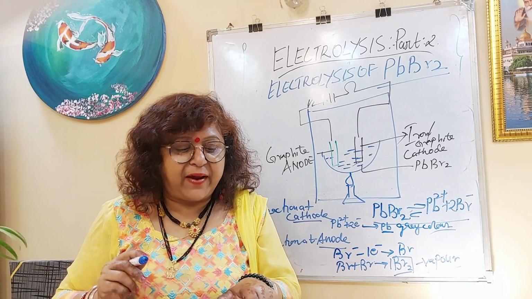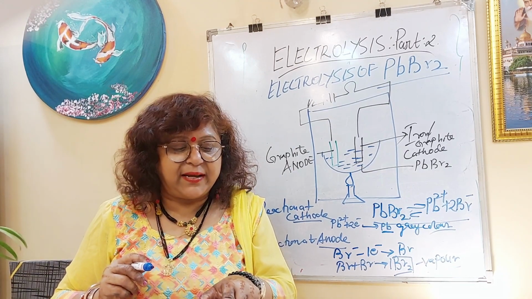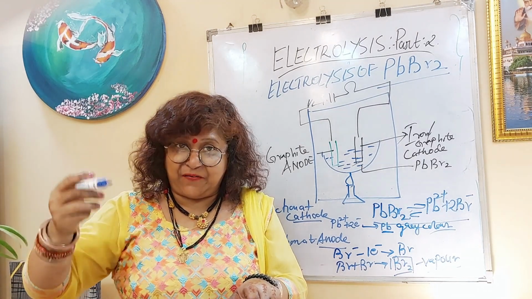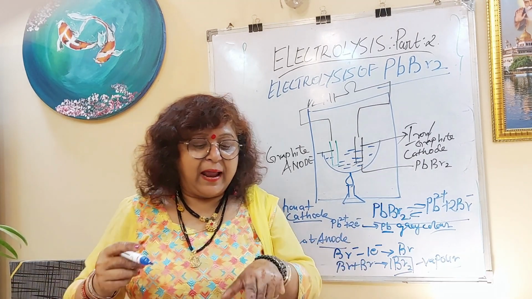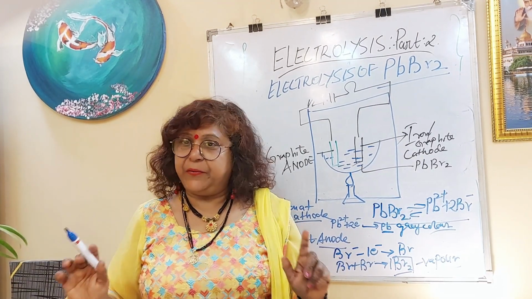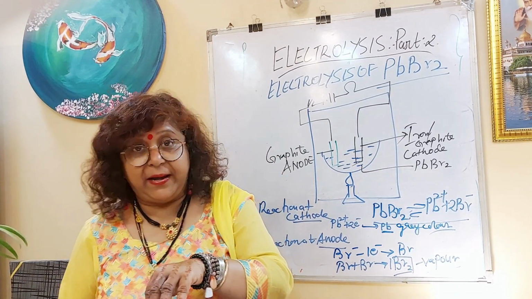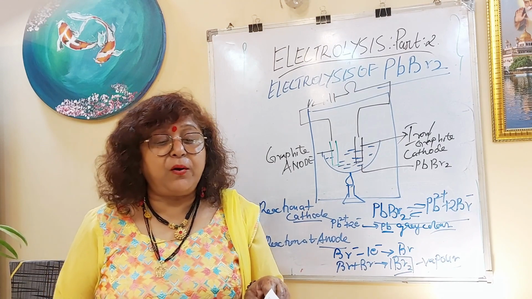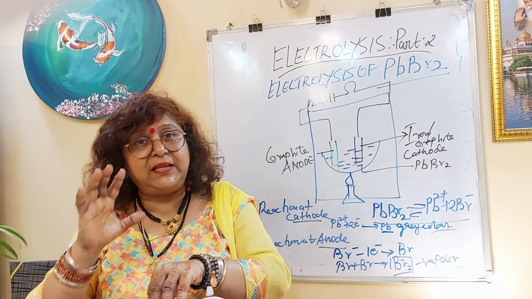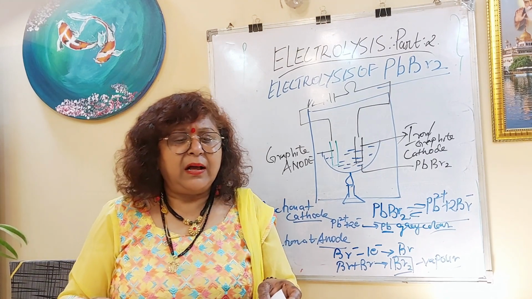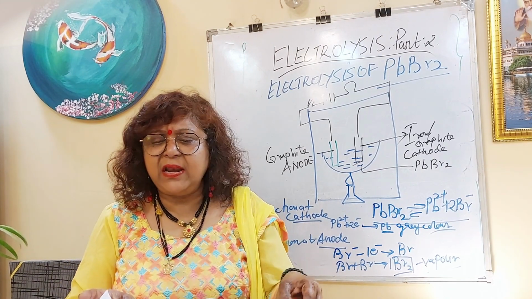The anode is graphite. The temperature is 380 degrees centigrade, and the dissociation of ions is shown here, and reaction at cathode and reaction at anode. So this is about electrolysis of molten lead bromide. Like this, in your book, electrolysis of acidified water is given, electrolysis of copper sulfate is given. Very easy.